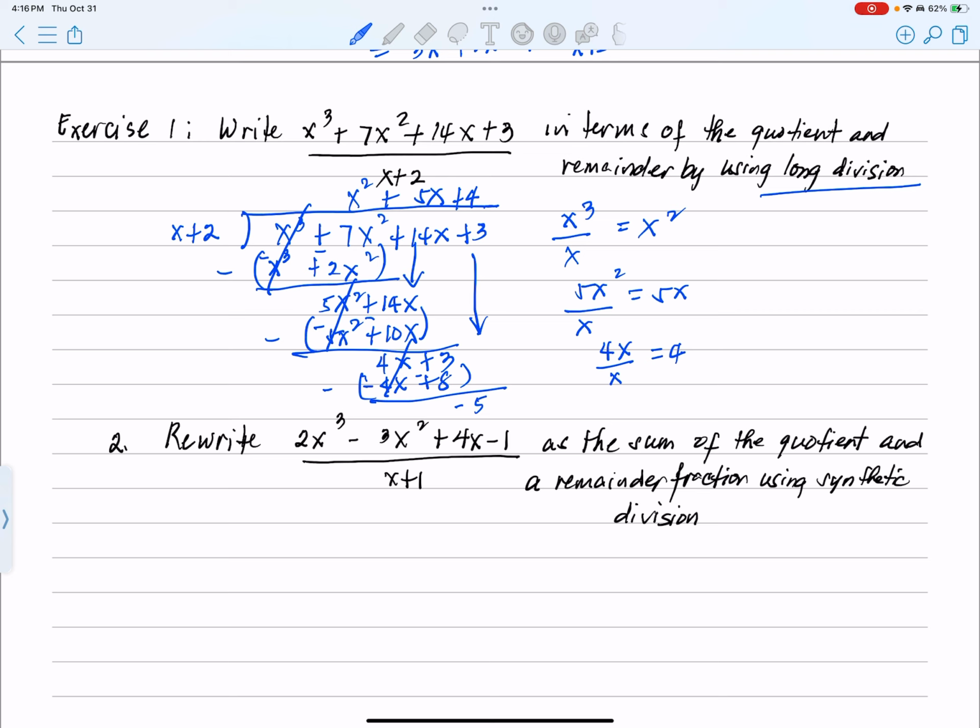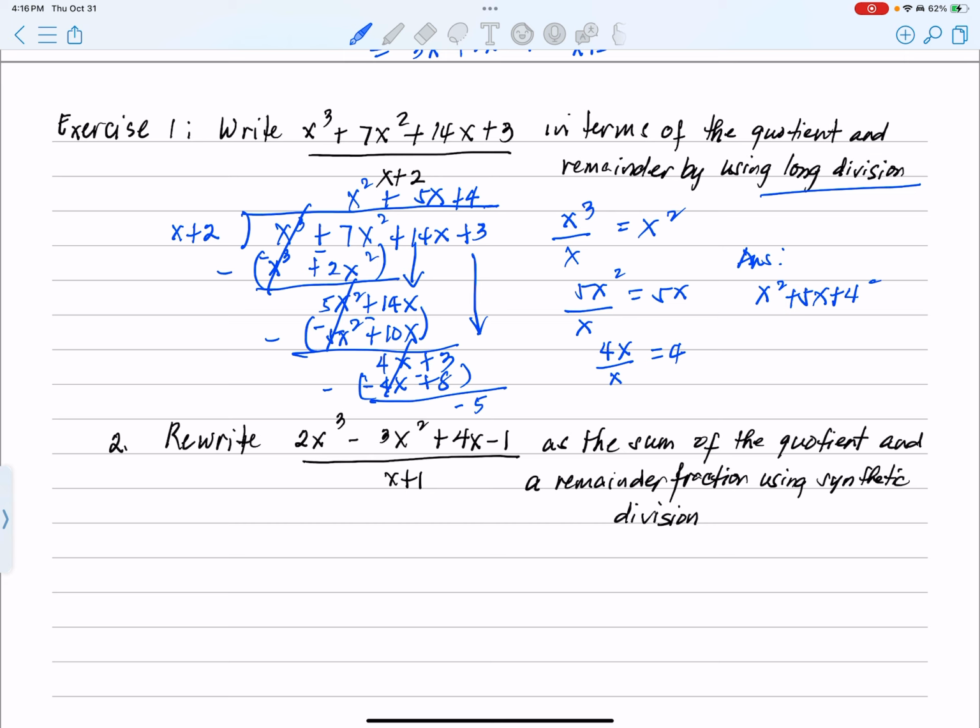How are we going to write our answer here? The answer is x squared plus 5x plus 4 minus, that's the remainder.